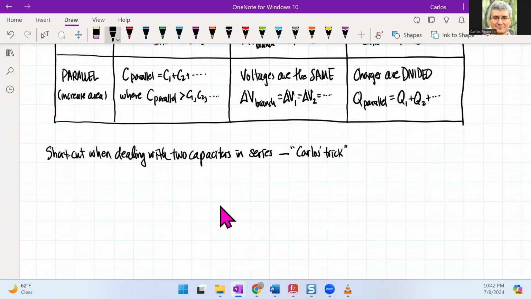Now, the reason it works is because textbooks typically use nice values.